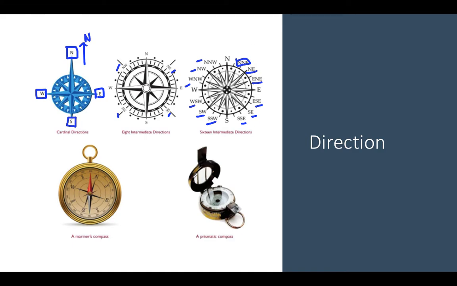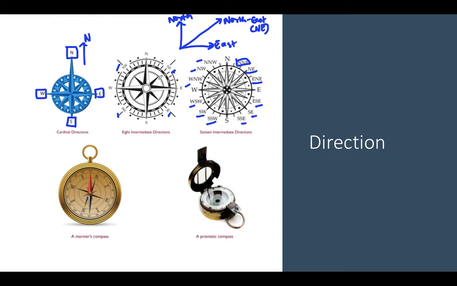Clear? So the first one is north, then east, and in the west part west, then northeast. Here you can see east north. So this is northeast. Clear?